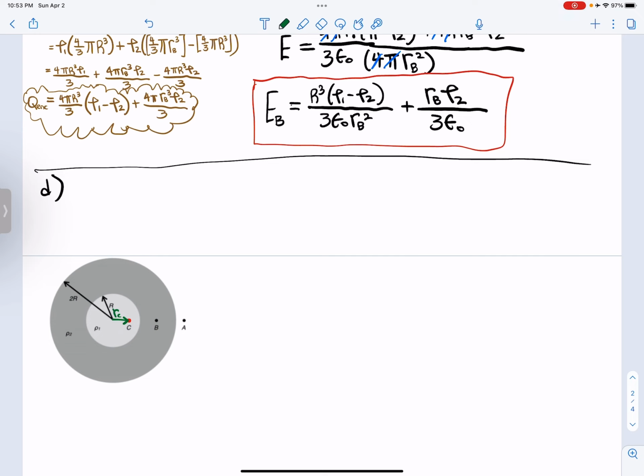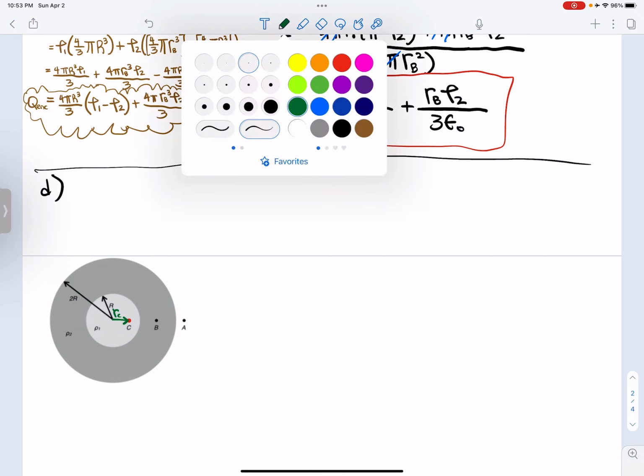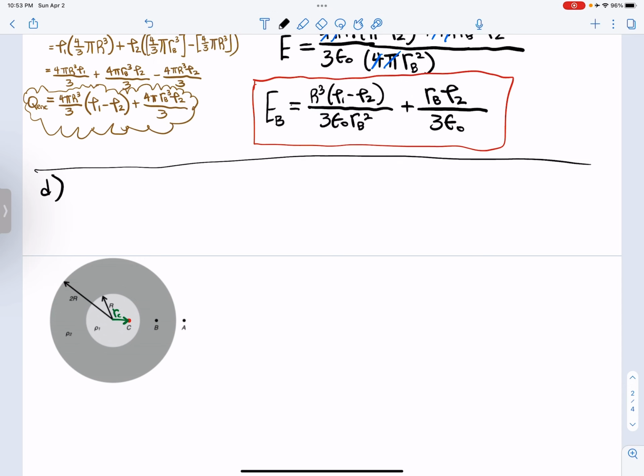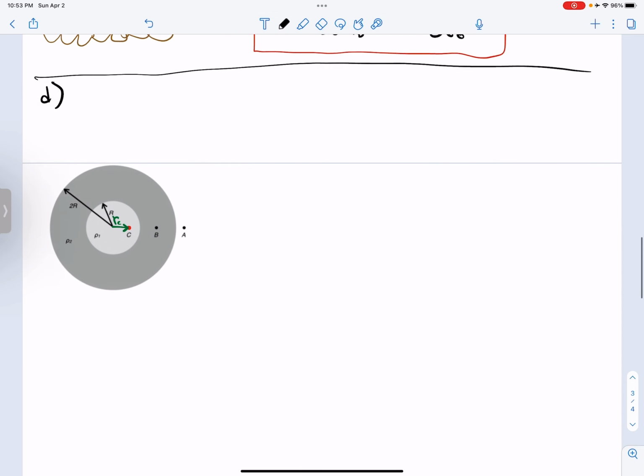Okay? So same as parts A, B, and C, I'm going to use the electric flux formula. Right? So that's going to be equal to the surface integral of the electric field times dA, equal to Q enclosed over epsilon naught.